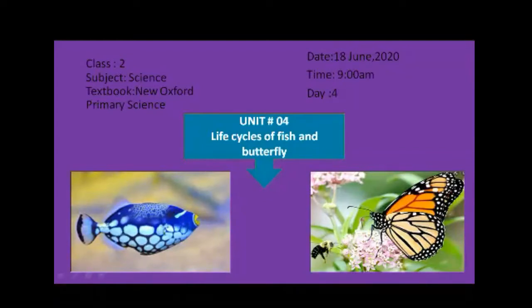If animals didn't have a life cycle, they would all disappear from the world one day. We learned how a frog lays eggs in the water, then a tadpole hatches out of the egg, then the tadpole grows and becomes an adult frog. So this is the life cycle, and the cycle is something that happens over and over again.